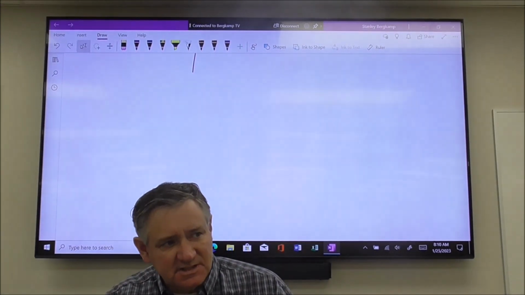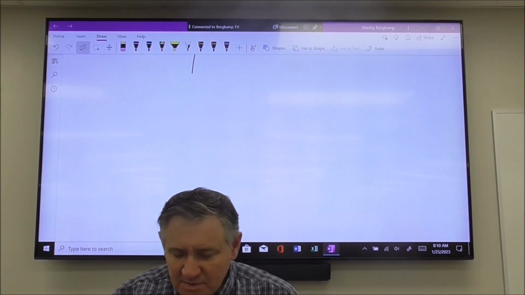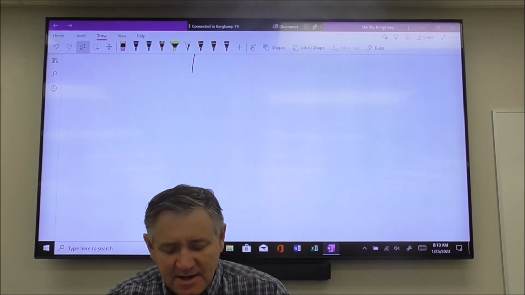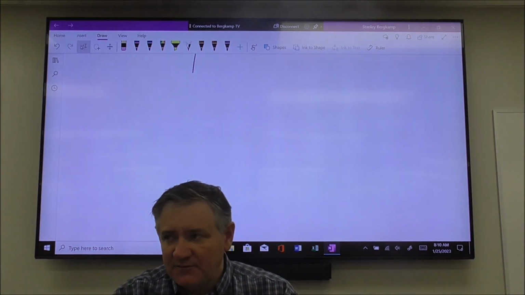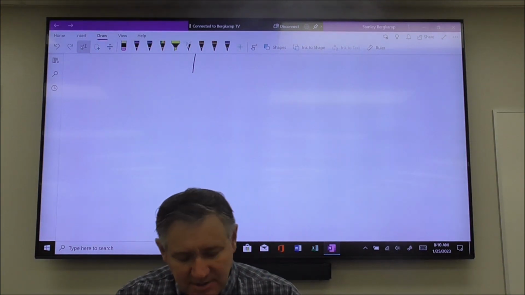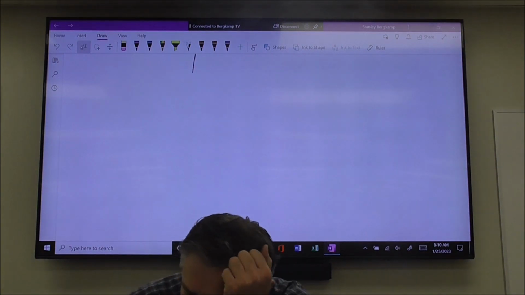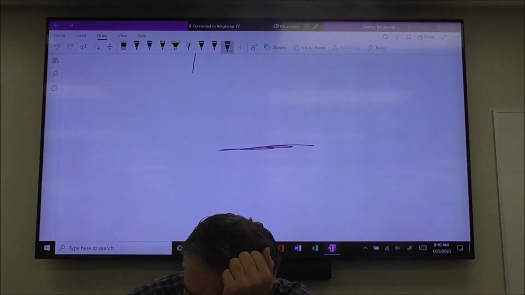So how you use this tip-to-tail method. The big idea of the tip-to-tail method is that you're trying to figure out what's the net effect of these vectors that are acting together. Let me give you a simple example. Let's say that we're going to have a tug of war.